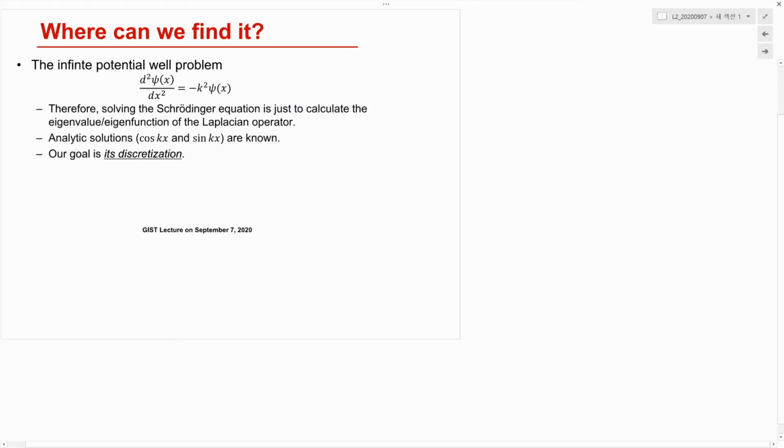So where can you find it? Already we have discussed that the infinite potential well problem can be cast into this eigenvalue problem.